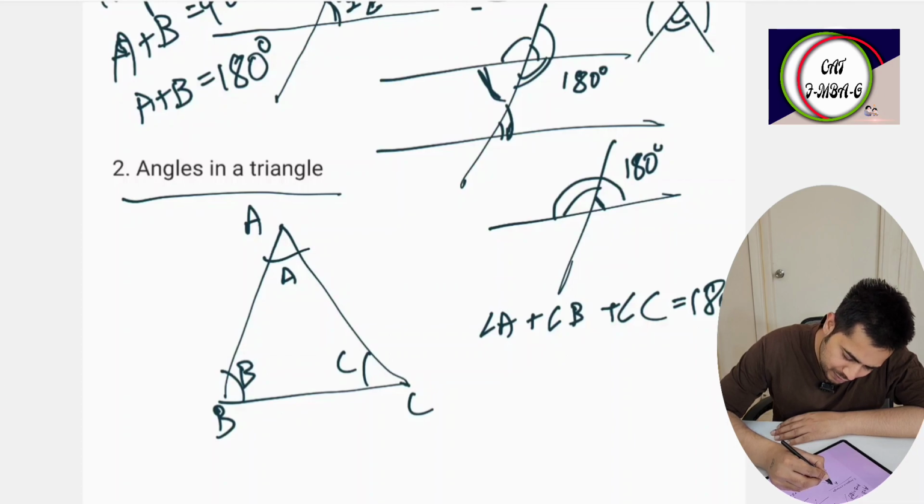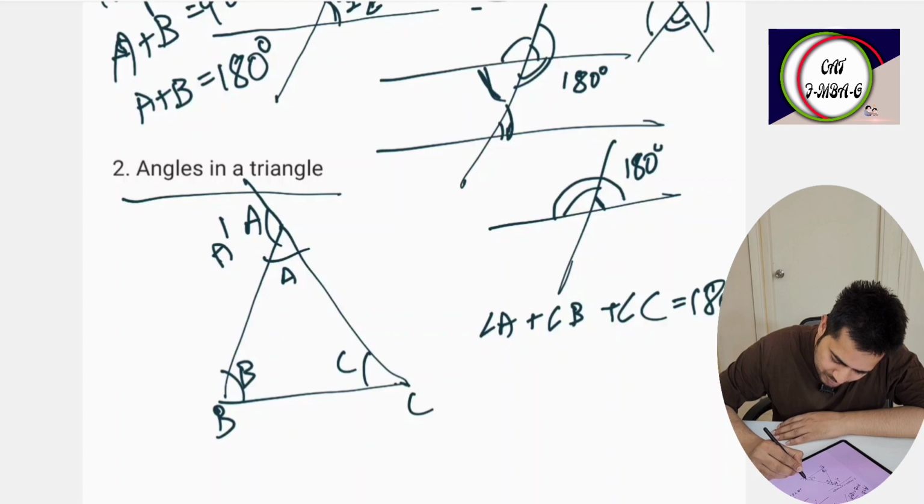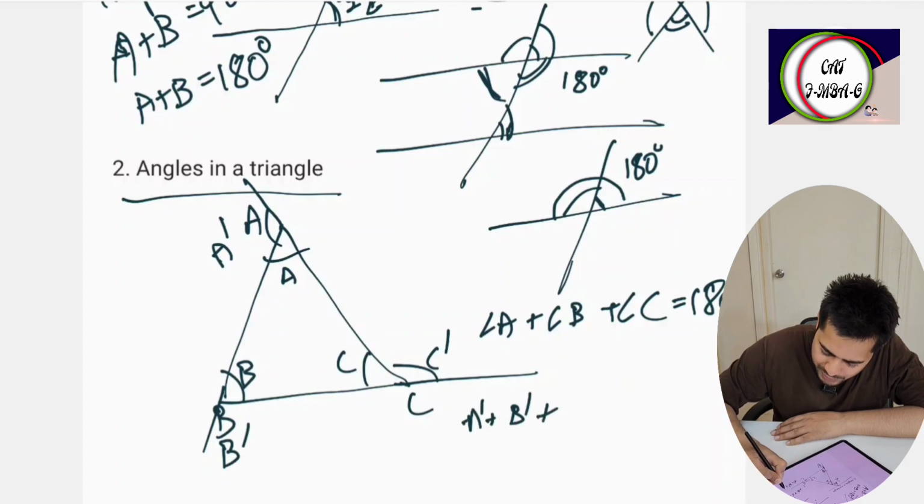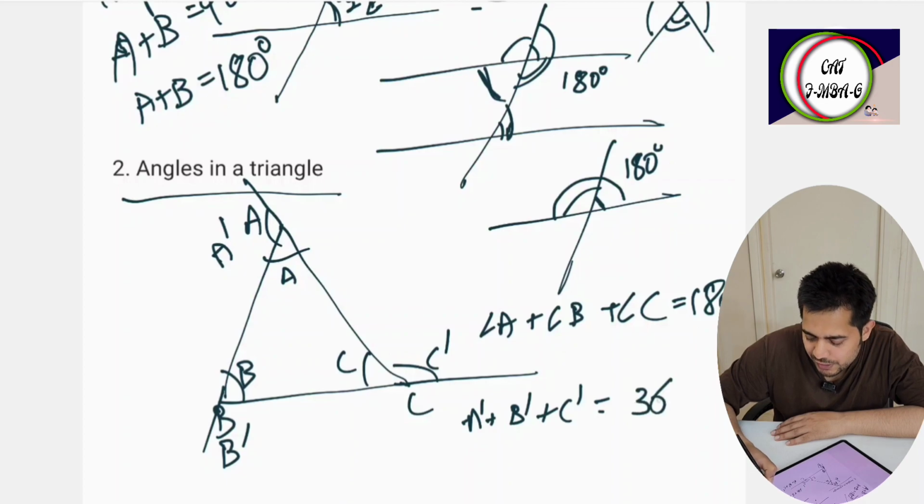And this angle is A dash, this angle is C dash, and this angle is B dash. So A dash plus B dash plus C dash is going to be 360 degrees.